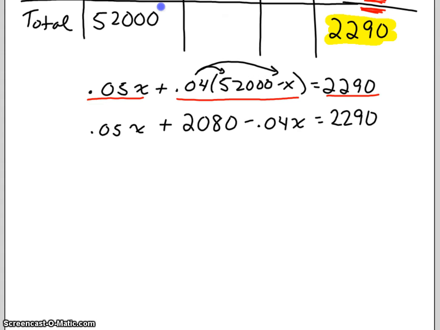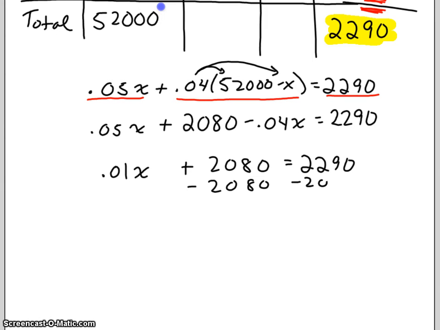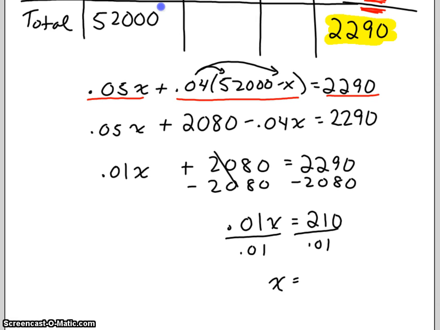Now we have to group the like terms. 0.05x minus 0.04x is 0.01x plus 2,080 equals 2,290. Subtract 2,080 from both sides, and we're left with 0.01x equals 210. Now divide by 0.01, and x equals 21,000.